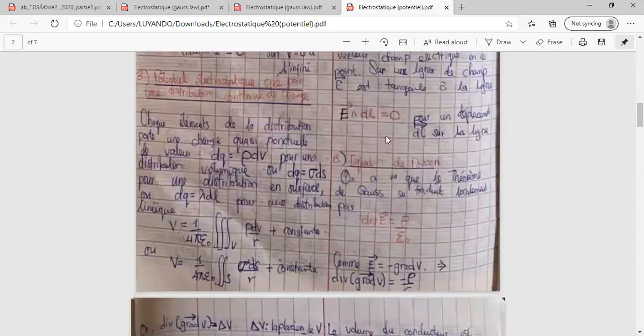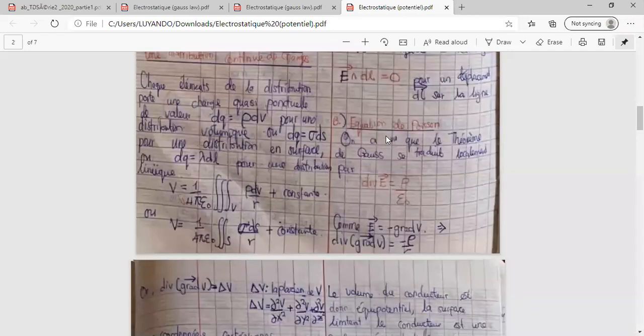The Poisson equation states that the Laplacian of the electric potential at a point is equal to the ratio of the volume charge density to the absolute permittivity. We saw that Gauss's theorem translates locally to the divergence of E equals rho over the permittivity, which we discussed in our last lesson.